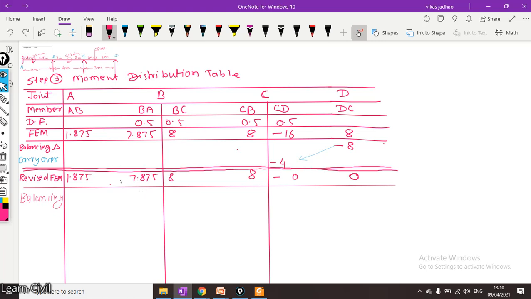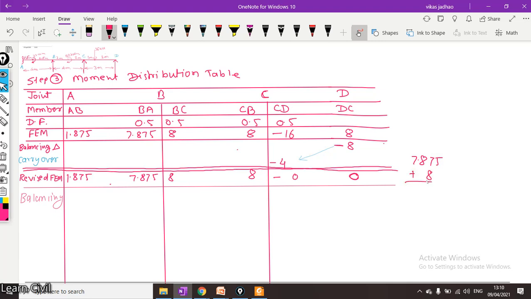Okay. Here at this joint B, we will have a total unbalanced moment of 7.875 plus 8.